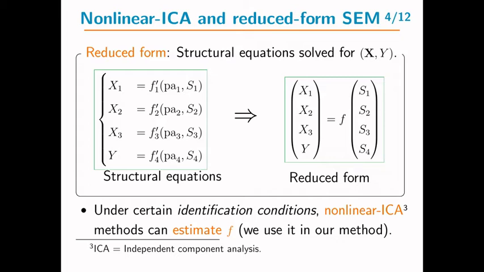Such a transformation from the original structure equations to their reduced form is always possible when the structure equation model is said acyclic. What's important about this form is that we can actually estimate the reduced form function, here denoted by f, by using nonlinear independent component analysis methods, given certain identification conditions. And we will use this fact in our algorithm later.